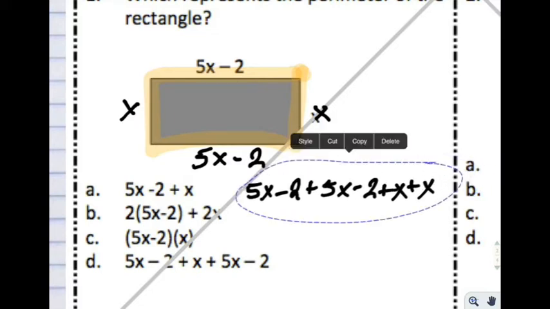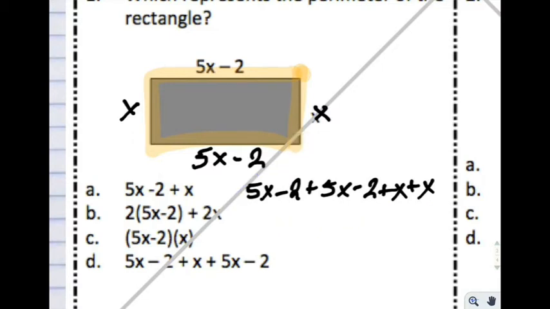So what we're going to do is combine our like terms to simplify the expression as much as we possibly can, right? So we could start by saying 5x and 5x, and then the single x's over here. So 5x and 5x are 10 x's, plus an additional x is 11, plus one more, it would be 12. So 12x.